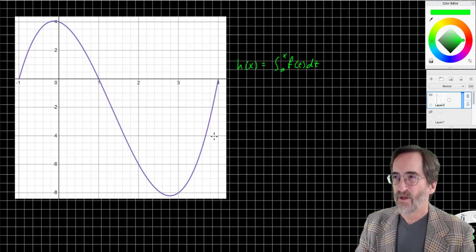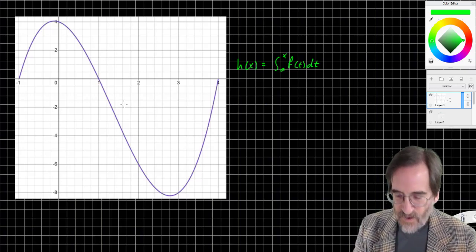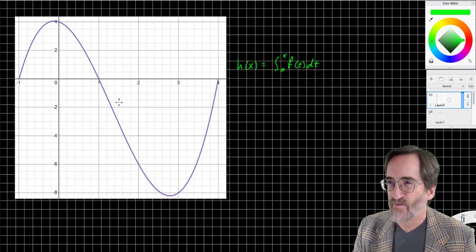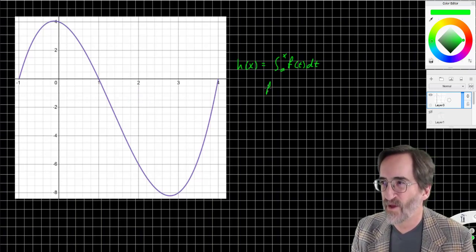Okay, and this is the graph of h of x. Or actually, this is the graph of h of x. And the question is, what does the graph of f of x look like? Right?